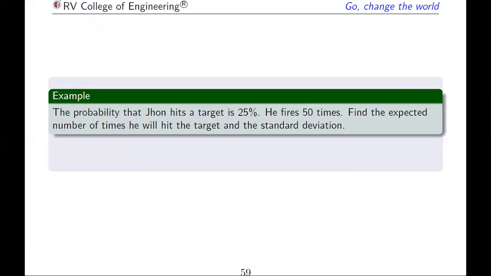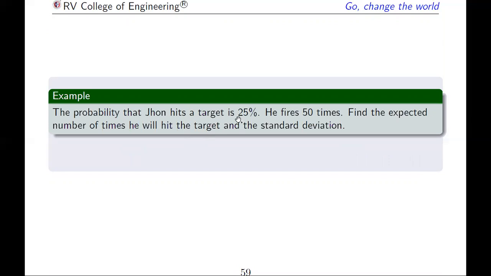We consider another example. The probability that John hits a target is 25%. He fires 50 times. Find the expected number of times he will hit the target and the standard deviation. They have given that the probability of hitting the target is 25%.